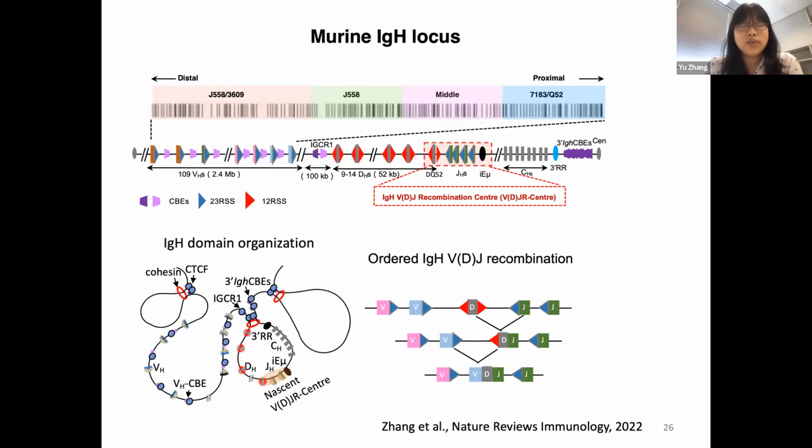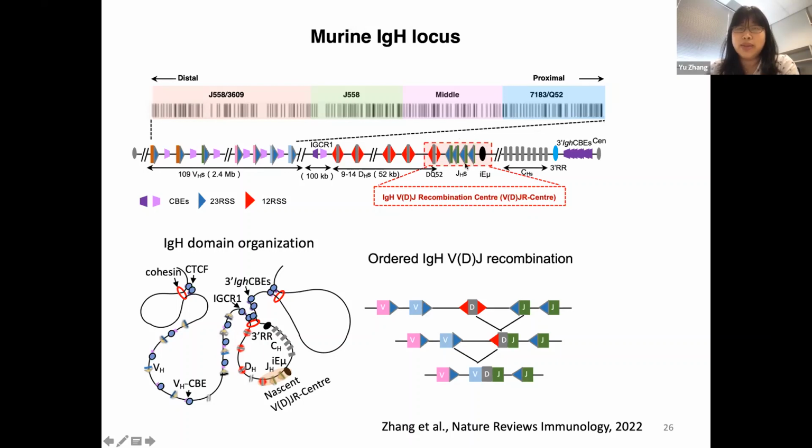The IgH locus has a very unique organization. At the 3' domain of this locus is the DJ domain, which has all of the D and J segments. This domain is anchored upstream by a CBE-based regulatory element called IGCR1, and downstream by a cluster of 10 CBEs called the 3' CBEs.